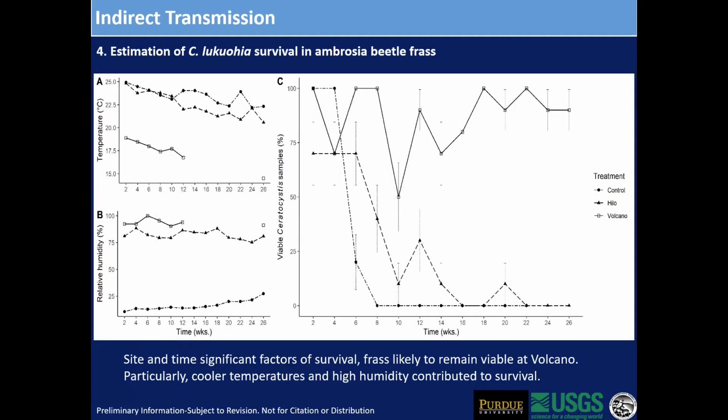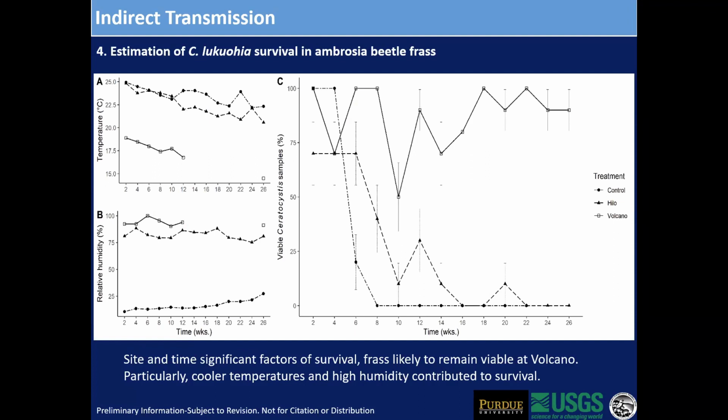And for the final part of the indirect transmission manuscript, we estimated the survival of Ceratocystis lukuohia in ambrosia beetle frass. How we did this was we collected bulk frass and placed it in different environments and collected subsamples over time to test for viability.